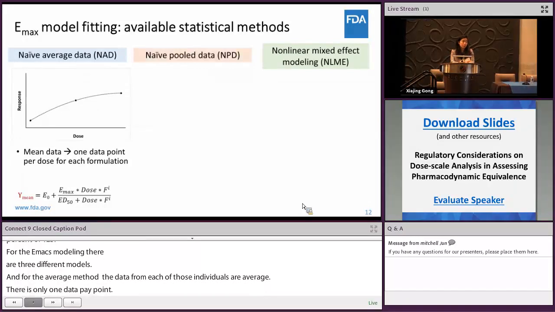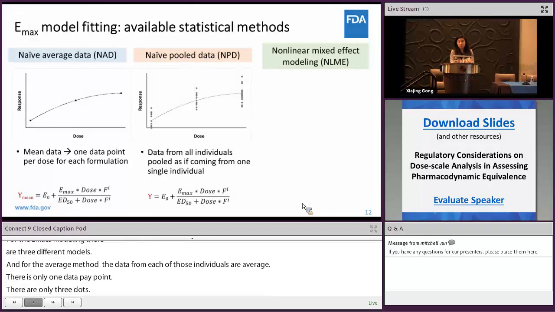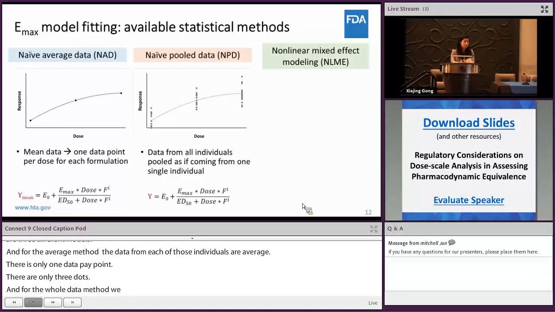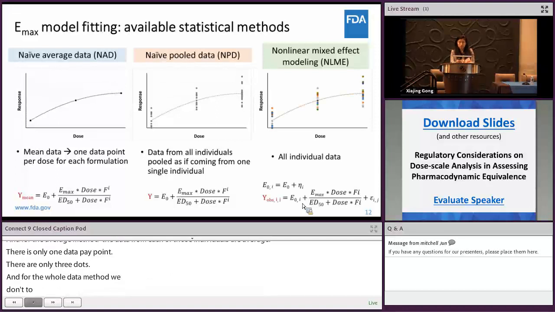And for the naive pooled data method, we don't do any averaging. We keep the original data, but all the data from all the individuals are pooled together as if they come from the same individual. And then there's the nonlinear mixed effect modeling method, where all the individual data are used to fit the model while incorporating the between subject variability.